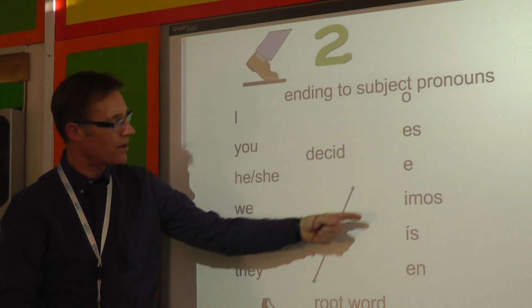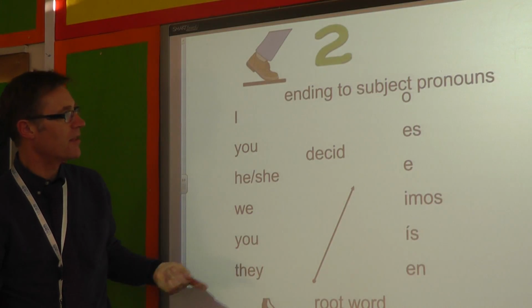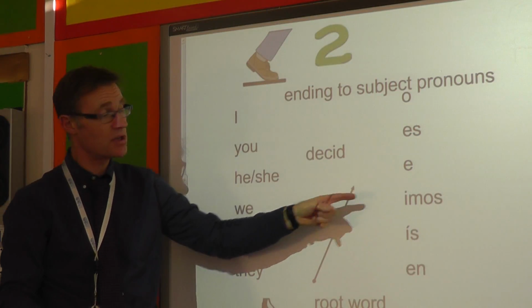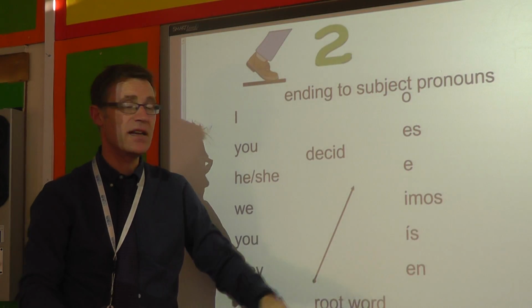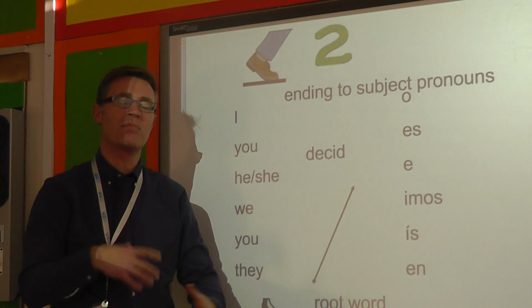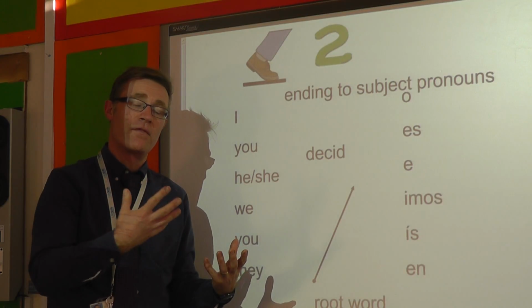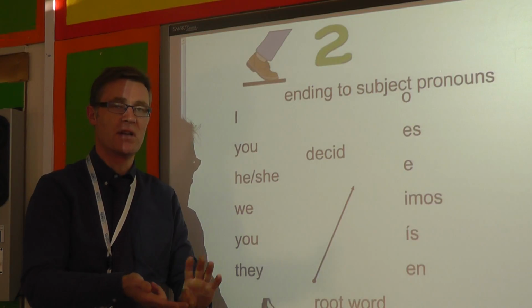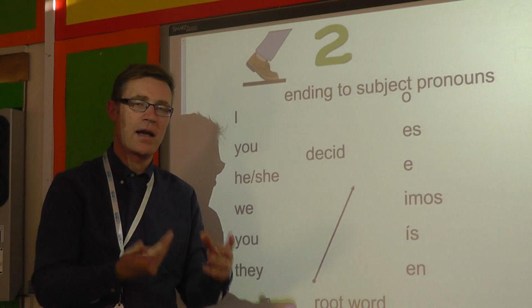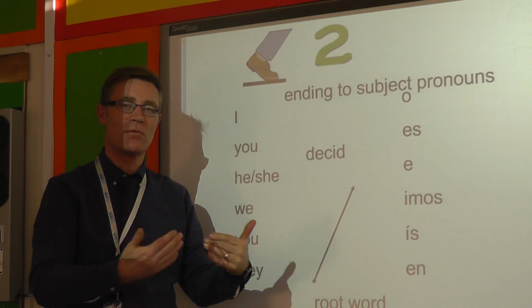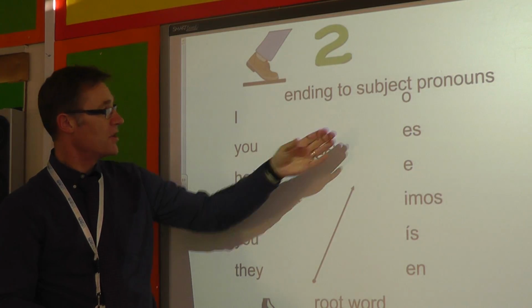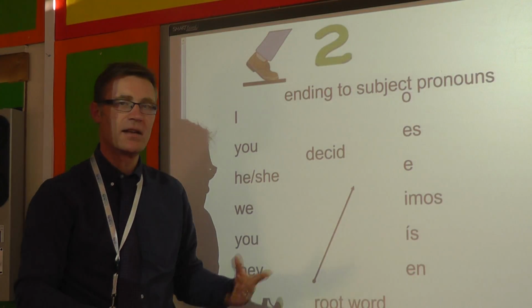It's got an I sound going through in the we and the you. So decido, decides, decide, decidimos, decidís, and deciden. So there we are. There's the present tense verbs for the three types of verbs in Spanish. Our AR verbs, our ER verbs, and our IR verbs. Our meaning is that we're looking at using them. So for example, I decide, you decide, they decide, etc.